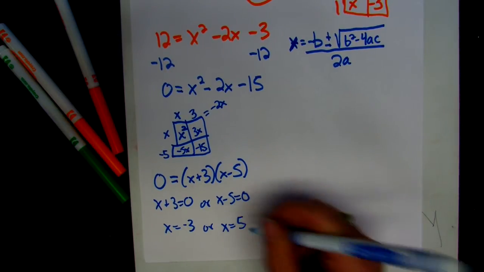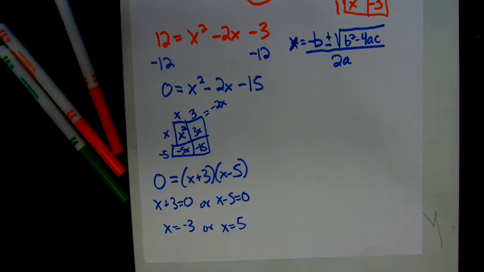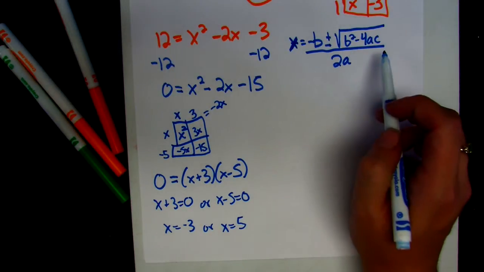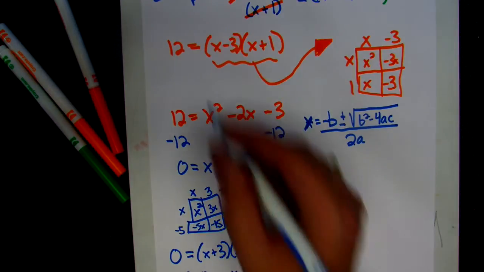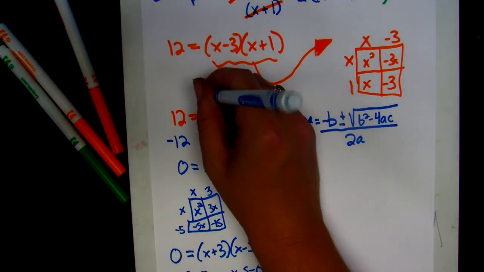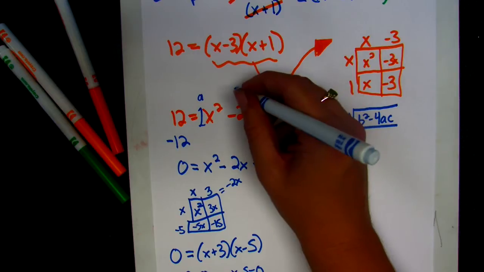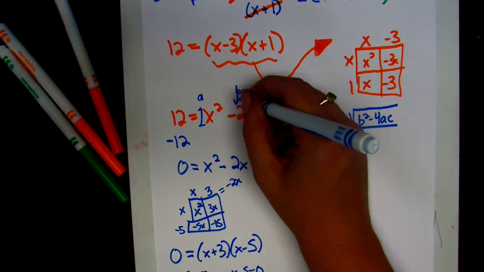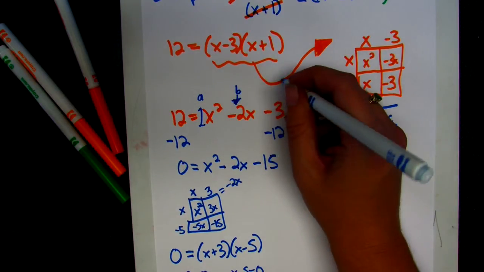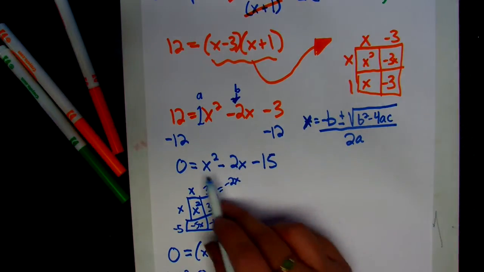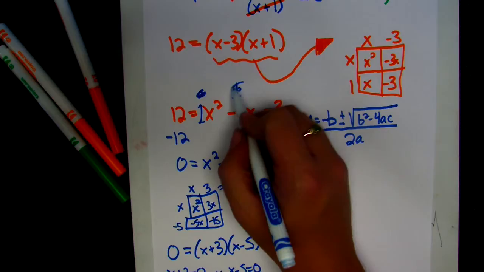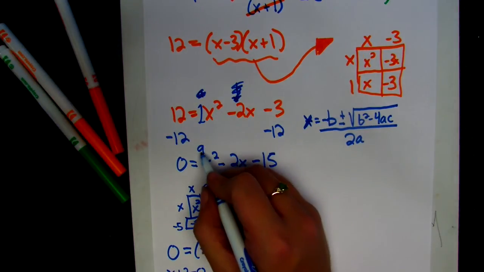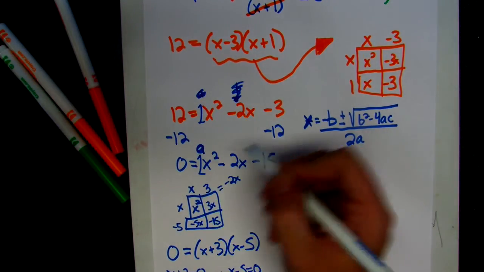All right, so we can also check our answer by doing the quadratic equation instead. So remember, our a would be 1, our b would be negative 2, and our c, we're looking at this equation after we subtracted 12 from both sides. So this is not a and b. So a is 1, because there's a 1 there.